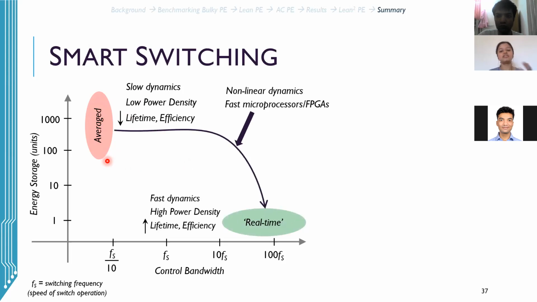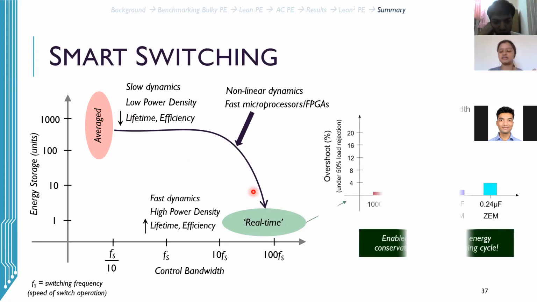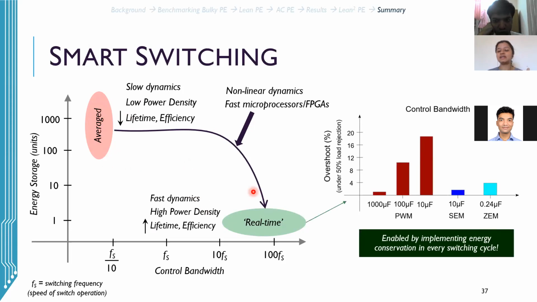The fundamental idea is that when we move to a faster control bandwidth, wherein our control bandwidth is much faster than the switching frequency, we can reduce the energy storage at the DC bus. In the example that we showed here, as opposed to the classical approaches, we can use a small value of capacitor. In this case, the performance metric was overshoot, and we can limit that within a certain value.